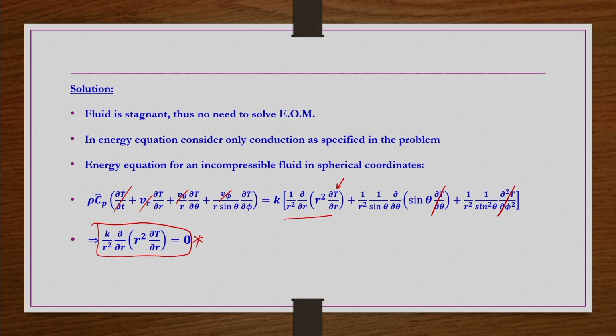This same equation we may also get in a conventional way of obtaining the governing conservation equation, that you take a spherical particle of radius R, right, and then this particle is suspended in an infinite volume of a stagnant fluid.